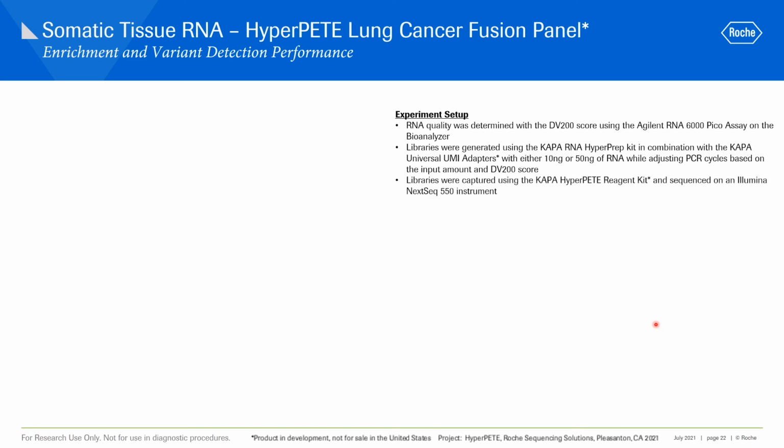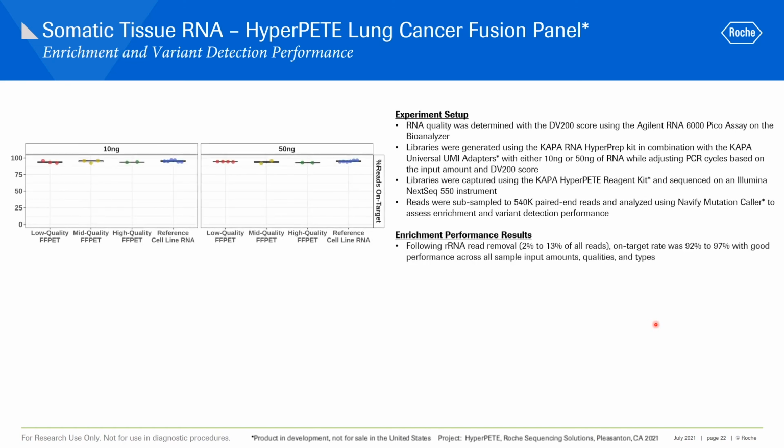Libraries were captured using the Kappa HyperPETE reagent kit in combination with the Kappa lung cancer fusion panel and sequenced on an Illumina NextSeq 550 instrument. Reads were subsampled to 540,000 paired end reads and analyzed using Navify mutation caller to assess enrichment and variant detection performance.